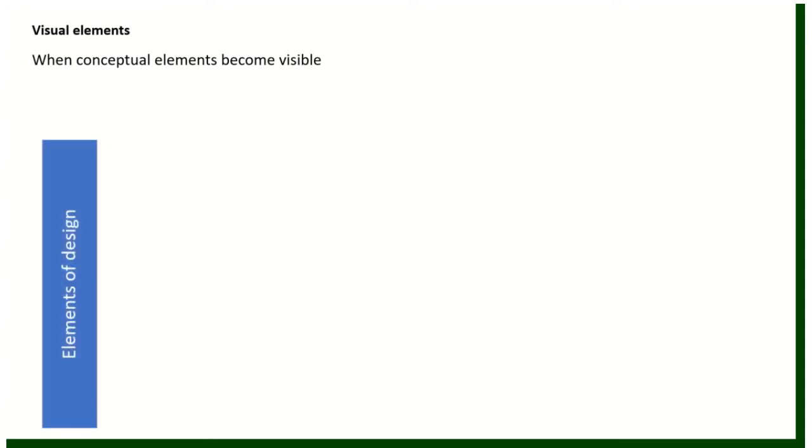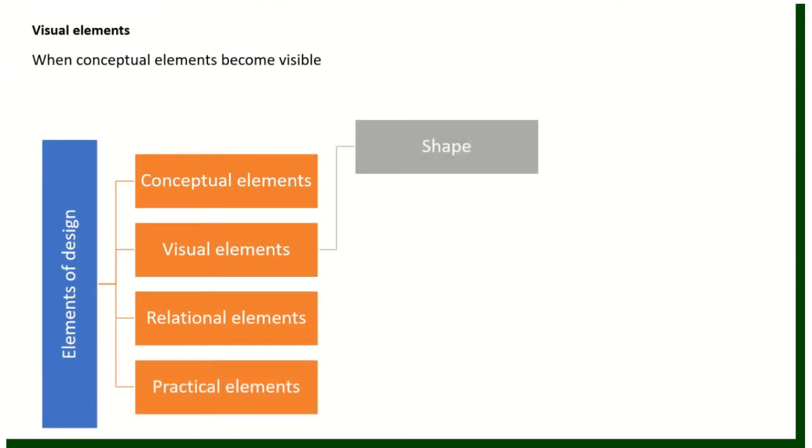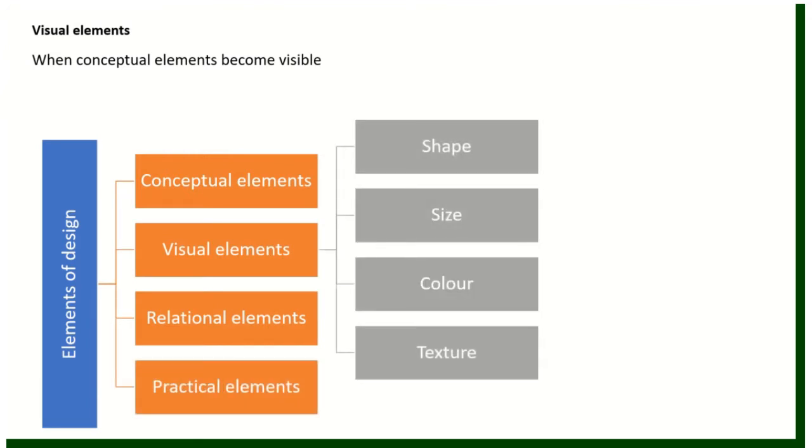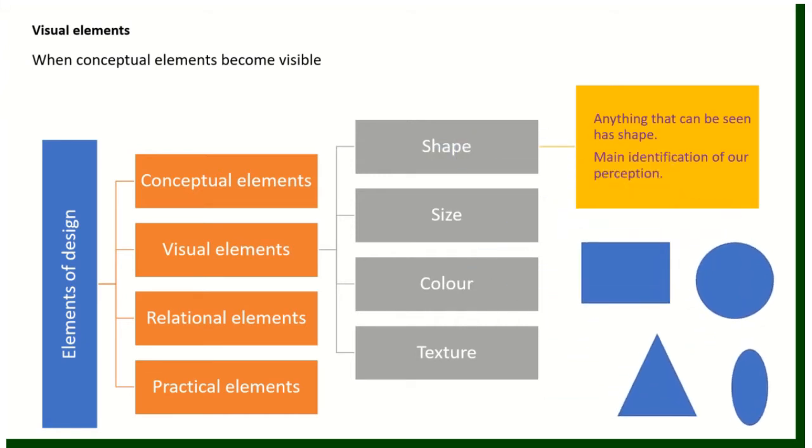As we know, these visual elements are visible with the aid of shape, size, color, and texture. If you see the first visual element, shape. So shape is nothing but what? Anything that can be seen has shape, right? And it is the main identification of our perception. For example, here I can represent some shapes.